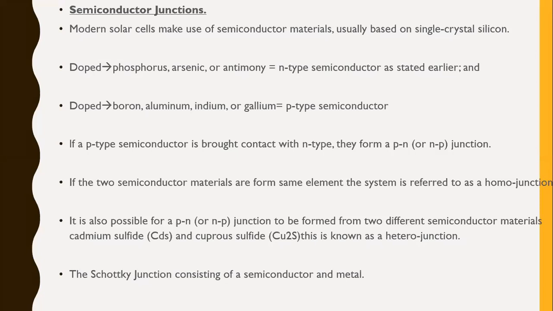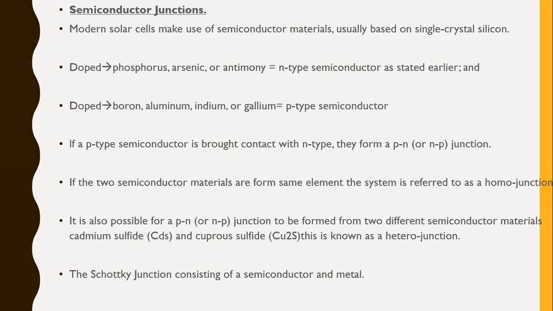So the junction formed by doping of the same elements or compounds is called a homojunction. This homojunction is possible for both PN and NP junctions.